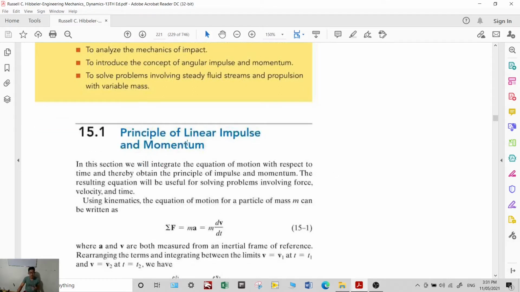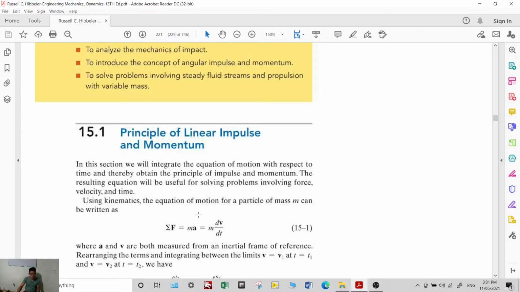In order to derive the principle of linear impulse and momentum, we'll use the equation of motion. Okay, so the equation of motion states that the force that you apply to a particle will result in an acceleration, directly proportional.